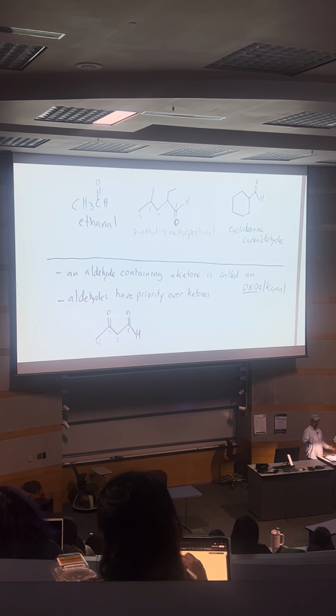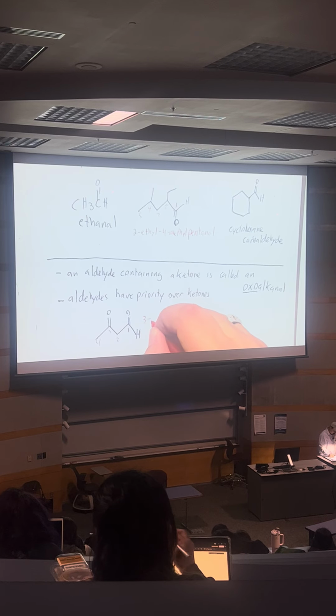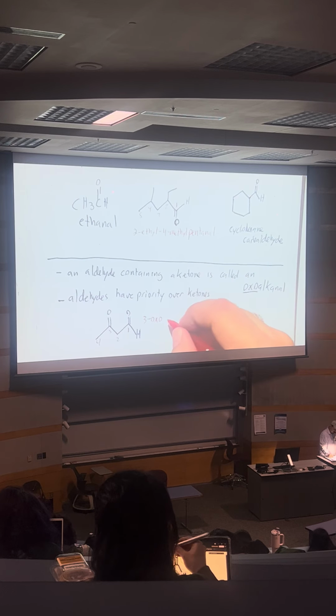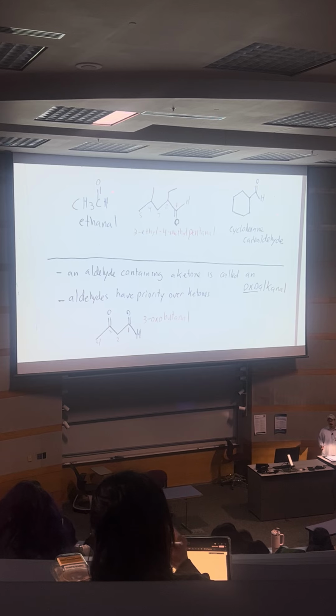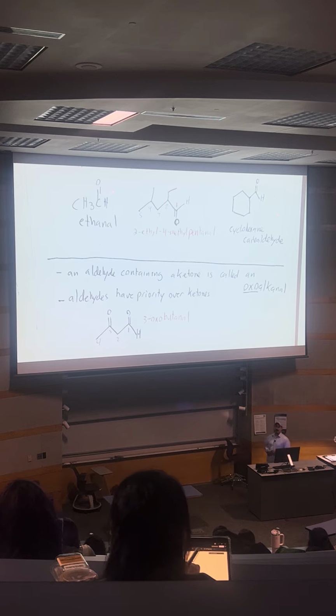That would be 3-oxo. Four carbons is butanal. Because aldehydes are automatically at the end of the chain, we don't need to introduce a number to indicate where the aldehyde starts.